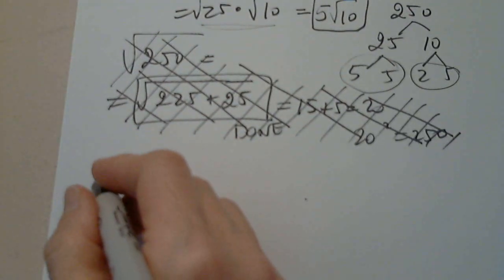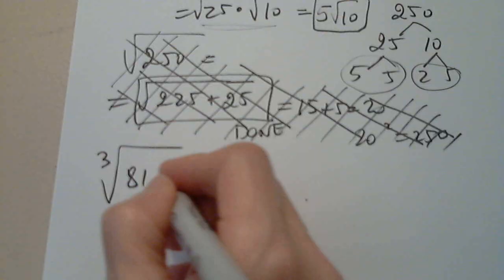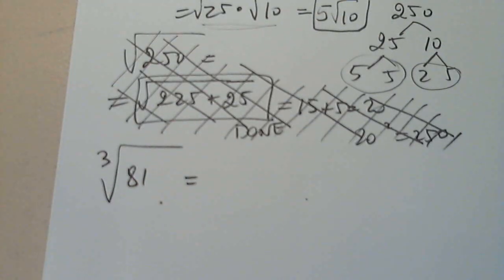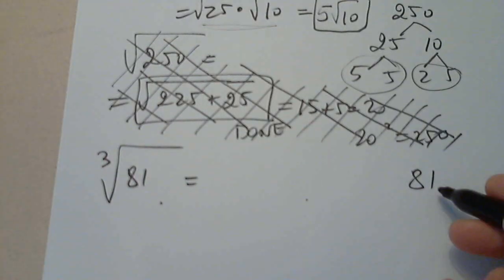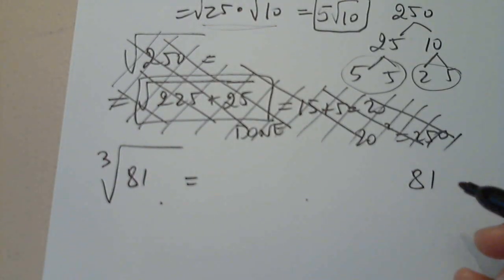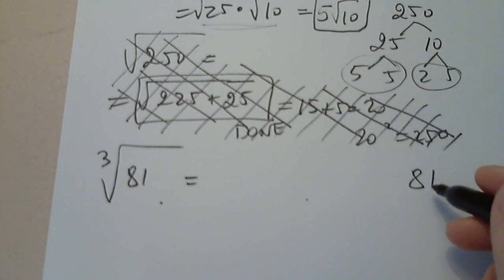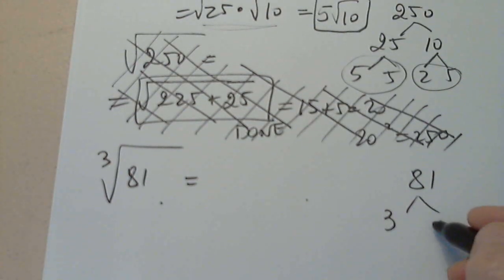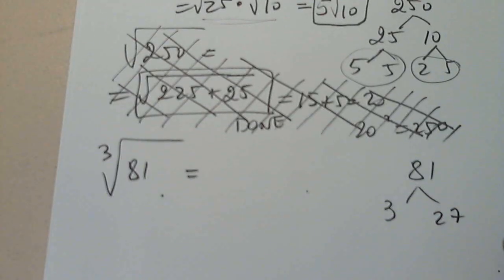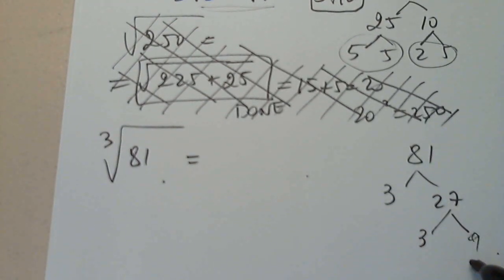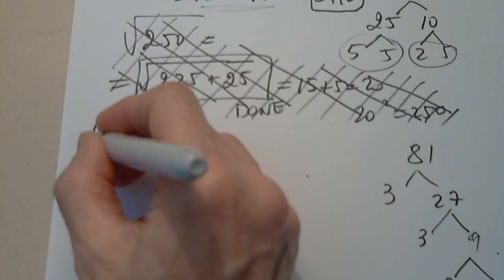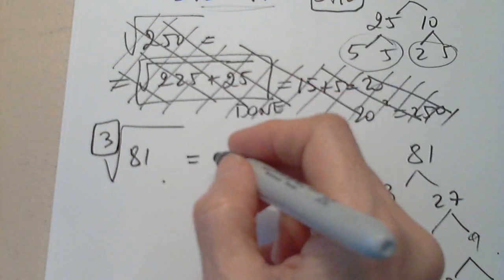Okay, so let's look now at the cube root of 81. Let's say we don't know what 81 is. Is it divisible by 2? No. I move on to divisibility by 3. Is it divisible by 3? Yes, it is. 27 is divisible by 3. Yes, it is. But the cube root is the key now.